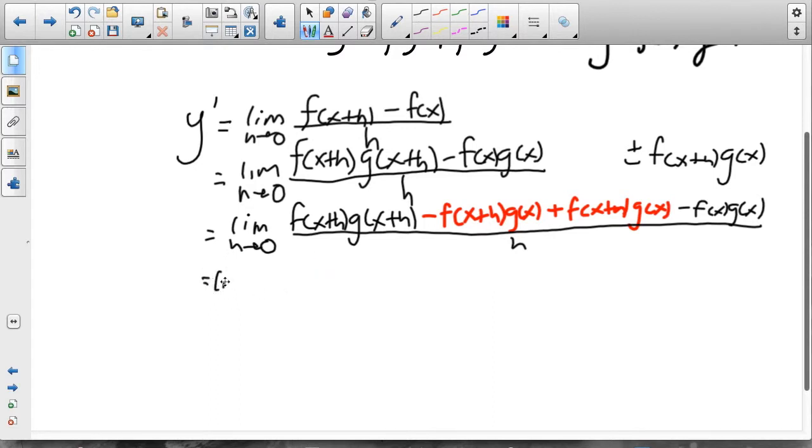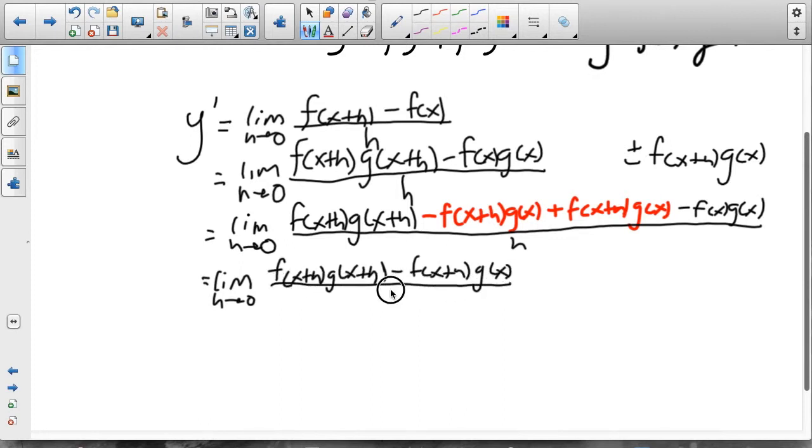All right, so now the next step is we try and simplify this as much as possible. So what I'm going to do is I'm just going to chunk this into two parts. I'm going to chunk it into the first two terms divided by h, and these last two terms divided by h. So this is what I get. The limit as h goes to 0 of f of x plus h, g of x plus h, bracket, minus f of x plus h times g of x, all divided by h.